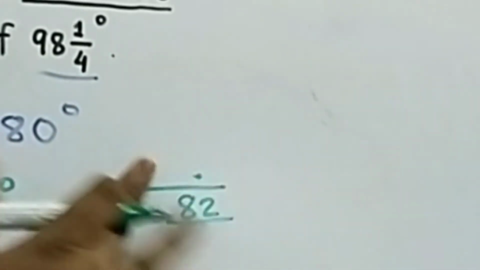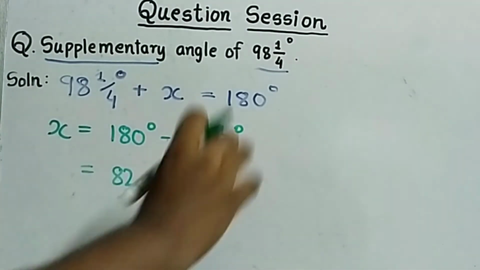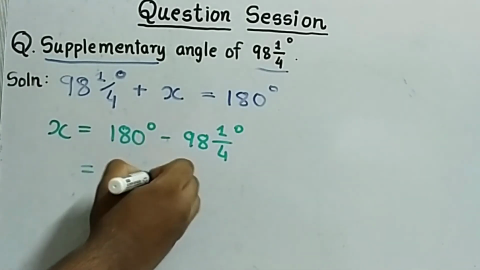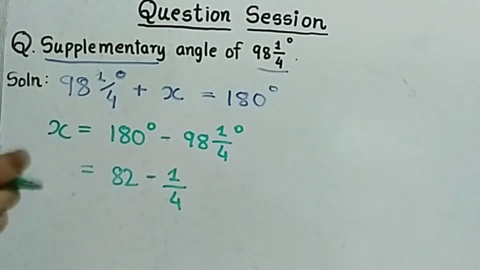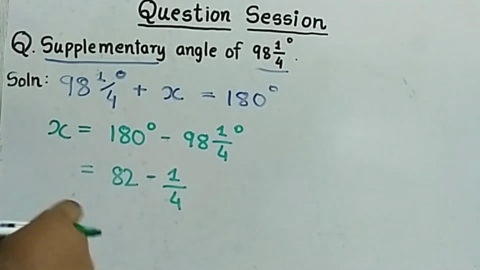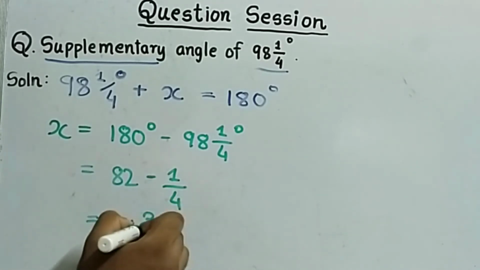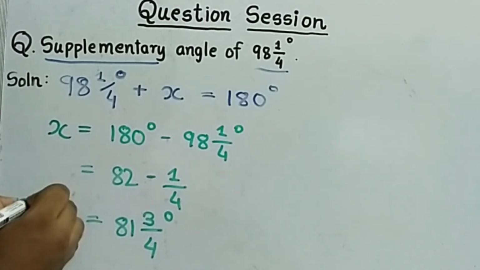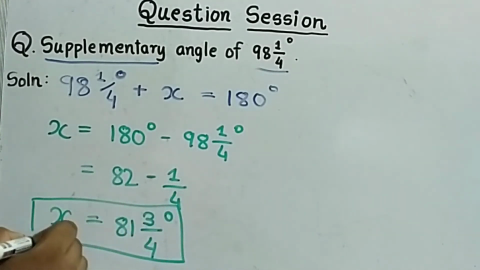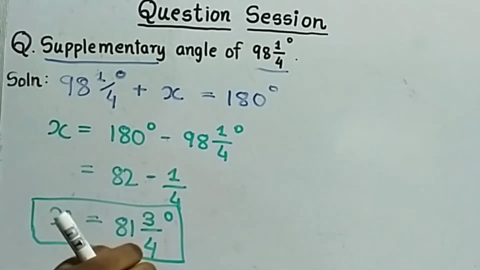So let us write here 82. So what about this 1 upon 4? Now we'll subtract 1 upon 4 from this 82. The math becomes simpler. In our fractions lesson, we have learned that this is just 81 3 by 4 degrees. So we can see that the supplementary of the angle 98 1 by 4 is just 81 3 by 4 degrees.